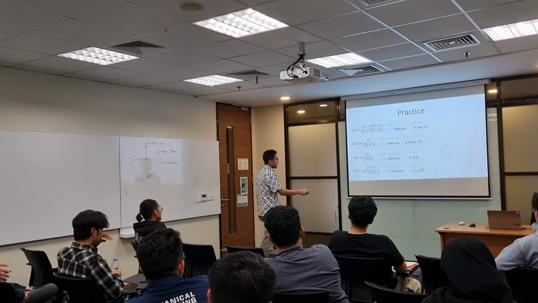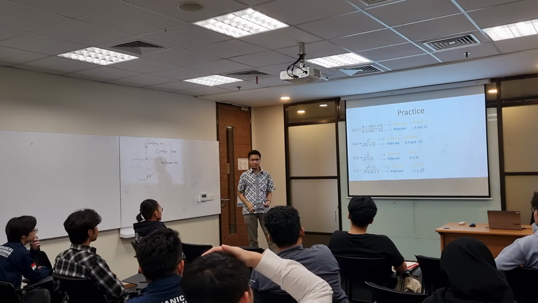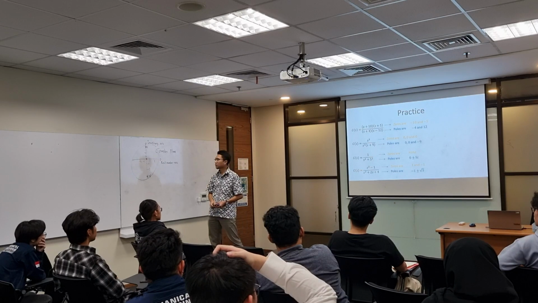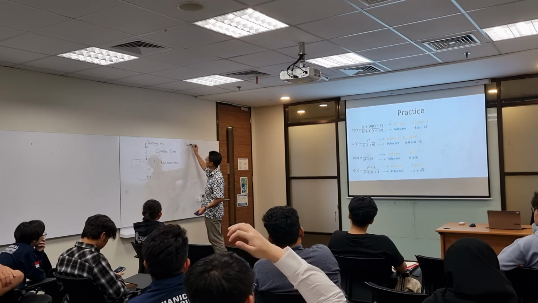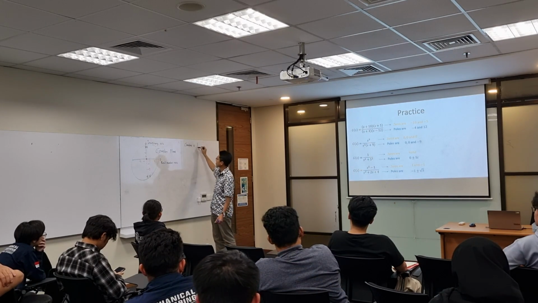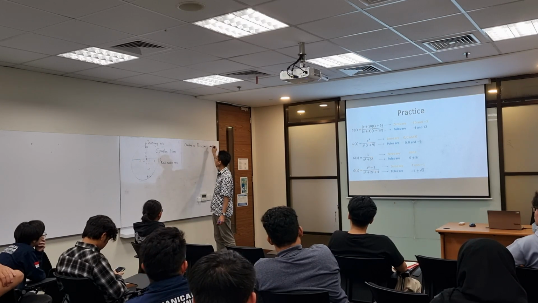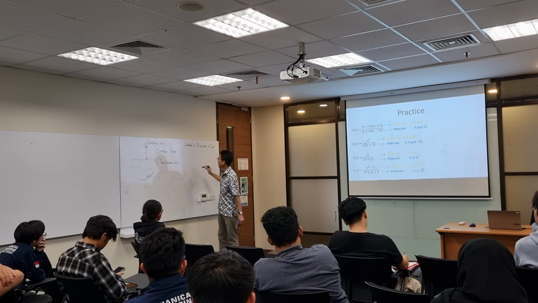The number over here is the real part. The number over there is the imaginary part. So you remember that for a complex number, it is constituted by the real part plus imaginary part times the i. Okay.